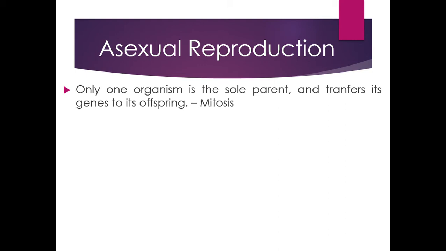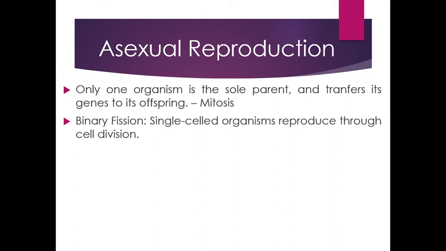And they are identical all of the time. We have some types of asexual reproduction. We have binary fission, where single-celled organisms reproduce through cell division. An example that I can give you is bacteria. There are bacteria that only have one cell, and the only way they can reproduce is through asexual reproduction, specifically binary fission.